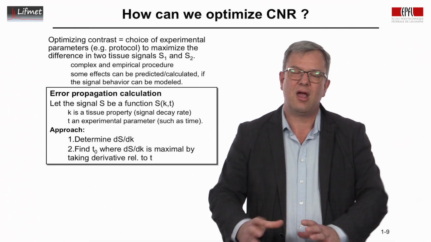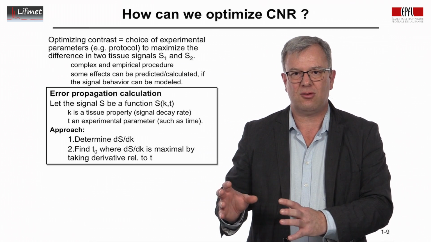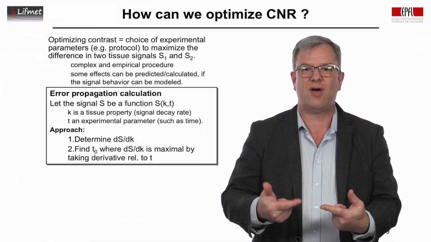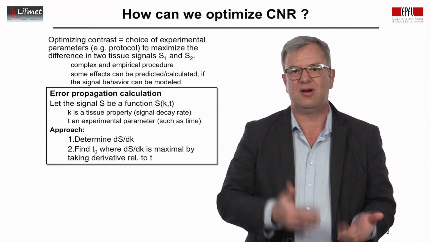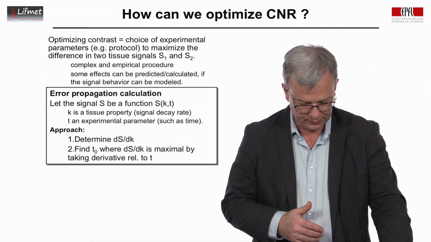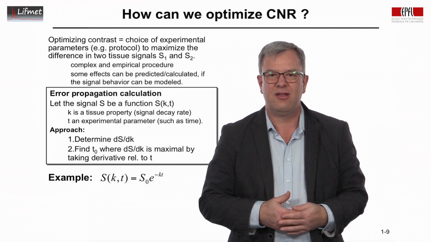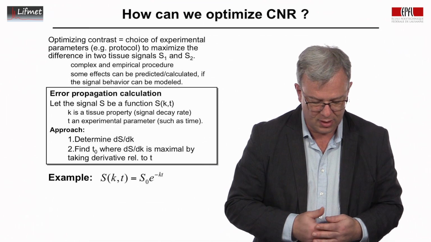So first I'm asking, how does the signal change maximally with respect to the tissue parameter, and then I have to find, with respect to the experimental parameter t, where that change is maximal. And that we do by taking the derivative. Then we just have to verify that we indeed have found a maximum.